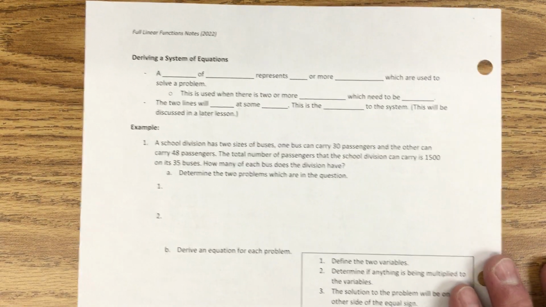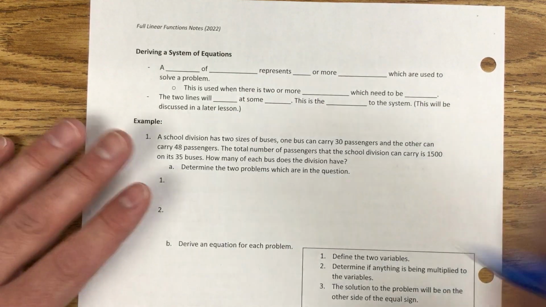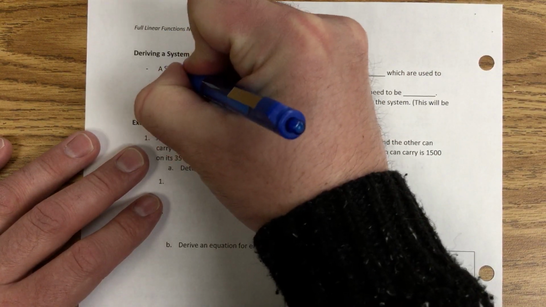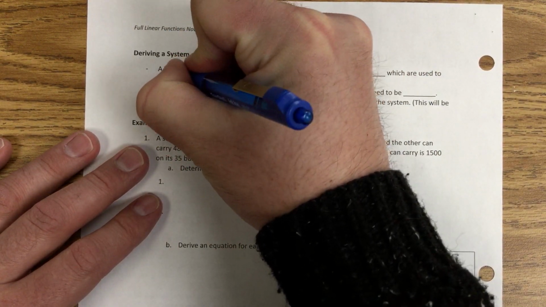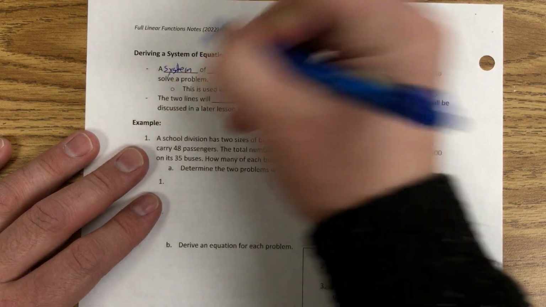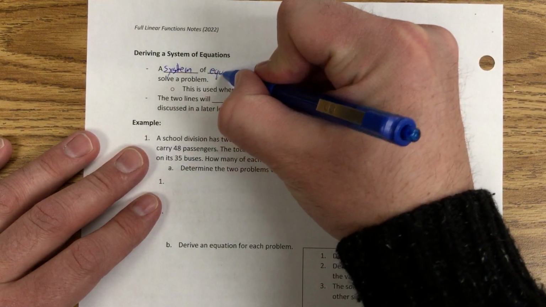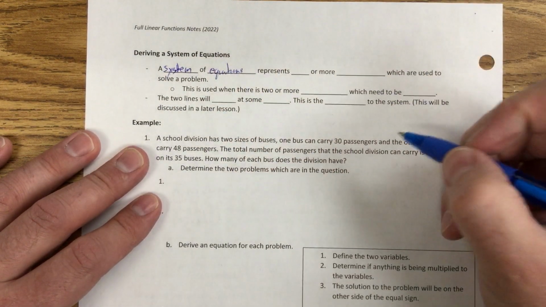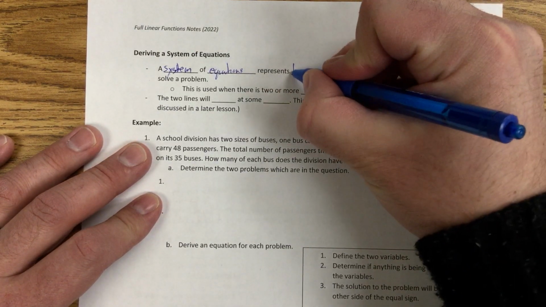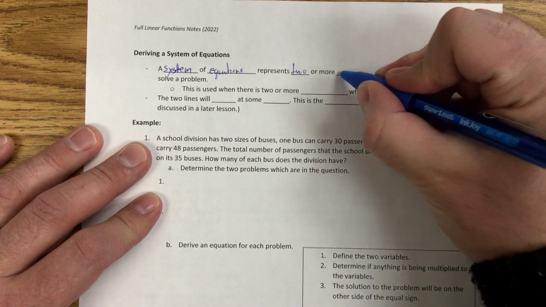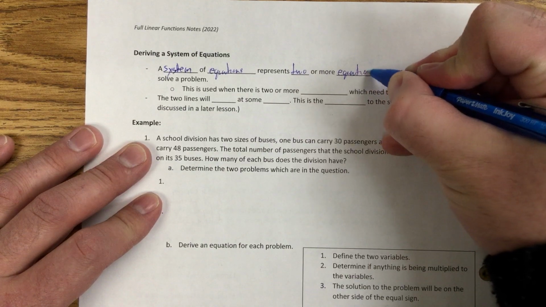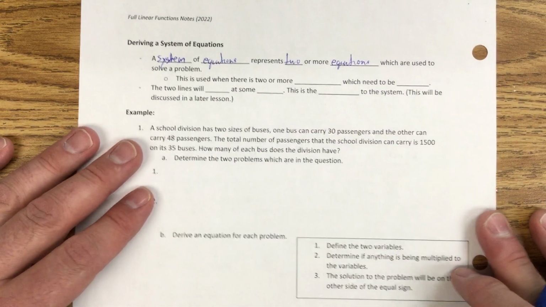Now, a system of equations. A system, that was just a singular equation that we just did. A system of equations represents two or more equations which are used to solve a problem.